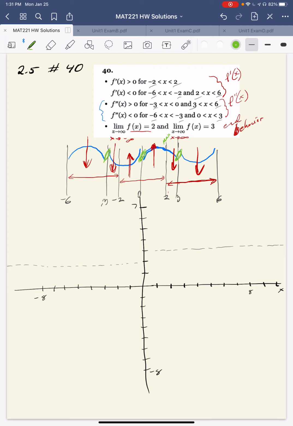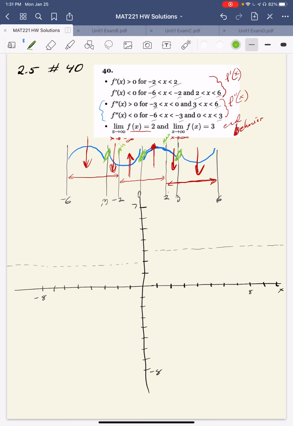I will also have over here where my function changes, my function is decreasing here and increasing there, which means that at x equals -2, I will have a local min. So let me put that in. I will have a local min at x equals -2.